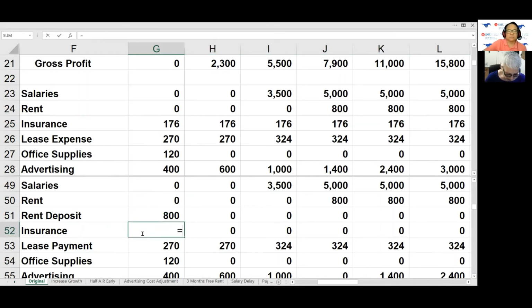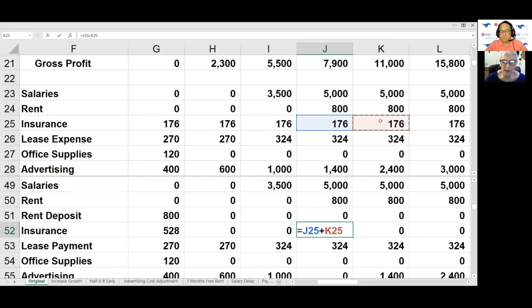So we're going to just point to month 1 on the income statement, plus month 2, plus month 3, and enter. All right. And now we're going to go over to month 4 and do the same thing. Month 4 plus month 5 plus month 6.